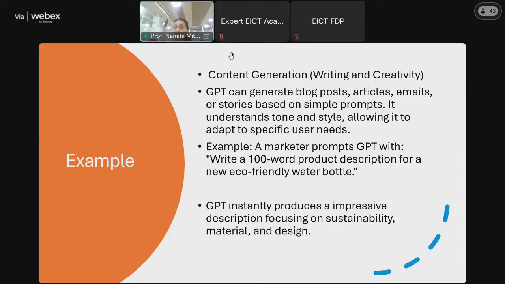So GPT can generate blogs, posts, articles, emails, stories, poems, and many other things. Even images can be created. It understands tone and style, which is needed to adapt to specific users' needs. So now the question is, how do we find the user's need? That is through the prompts.